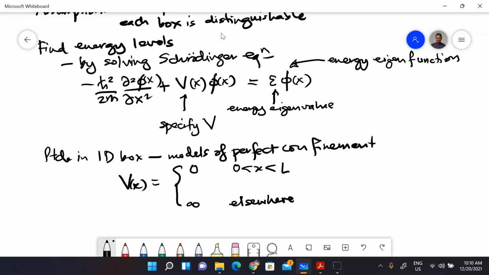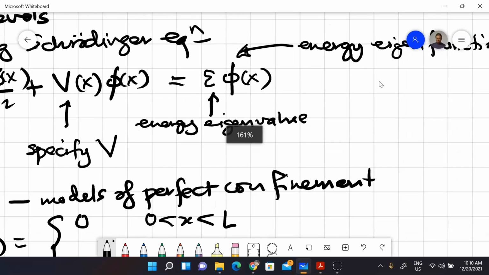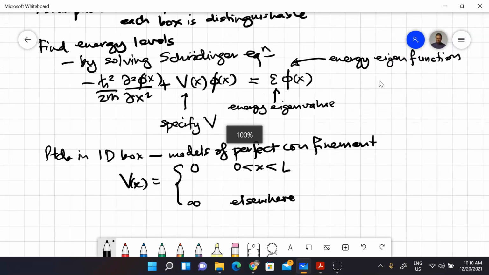Because if you remember in quantum mechanics, if your potential is not high enough, then your particles can actually tunnel through. Okay, so we are avoiding that, so we need an infinite potential outside the box. Sorry about that.